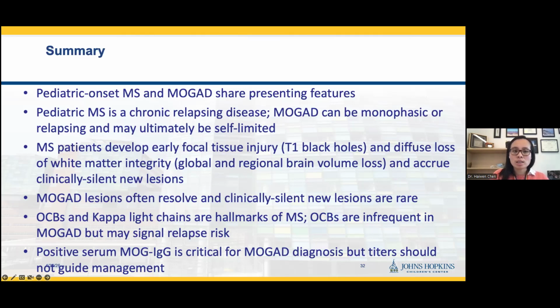We've mentioned that there is more use of other diagnostic tools with MS, things like oligoclonal bands, which have been more historically considered, as well as kappa light chains that are hallmarks of MS, but infrequent in MOGAD, though potentially could signal risk for relapse.